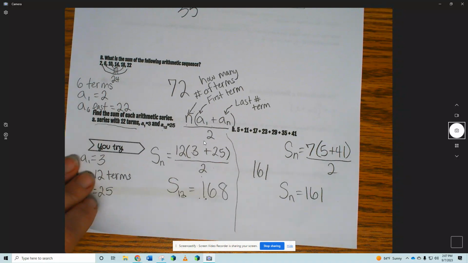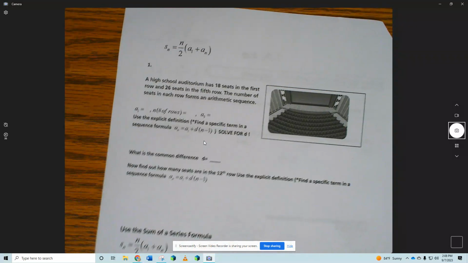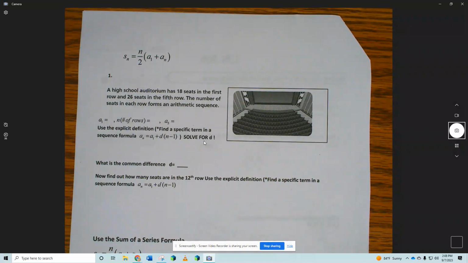Turning the page. We're doing more. Now we're going to talk about an auditorium. Think of SoFi Stadium.